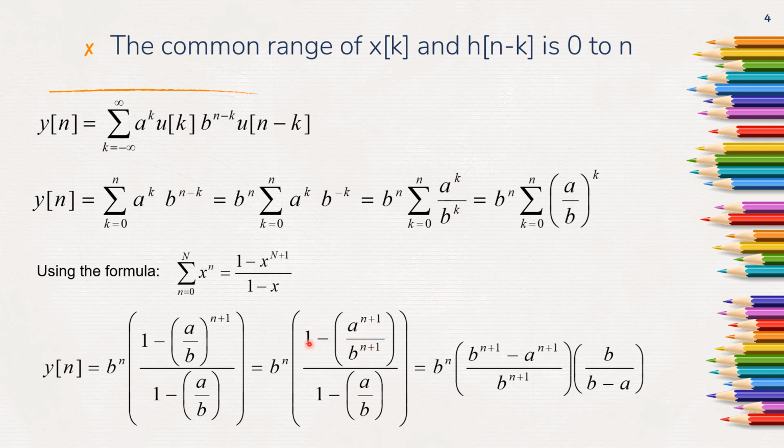The numerator becomes b power n plus 1 minus a power n plus 1 by b power n plus 1. And the denominator, LCM b minus a by b. So when I write it, it will be b by b minus a.